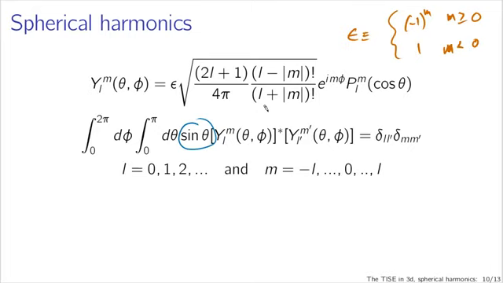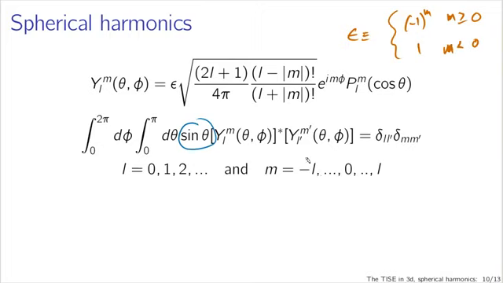And if you want to know what the total probability of finding the particle anywhere in this context, you have to integrate over volume. And if you're integrating over volume in Cartesian coordinates, that's easy. The volume element in Cartesian coordinates is just dx, dy, dz. But the volume element in spherical coordinates is not just dr, d theta, d phi. It's dr, d theta, d phi times sine theta. And that's where this sine theta is coming from. We're working in spherical coordinates, and that rears its ugly head here as well.